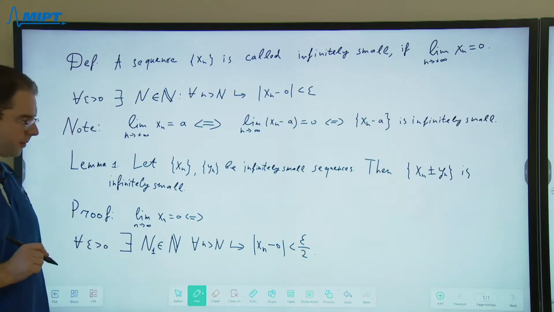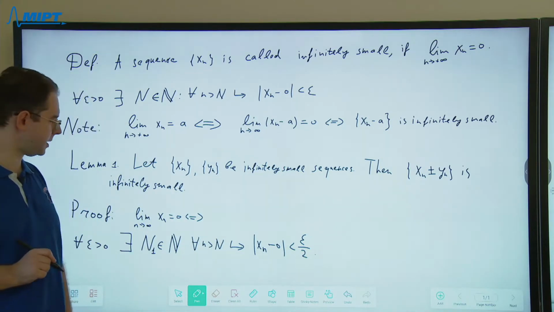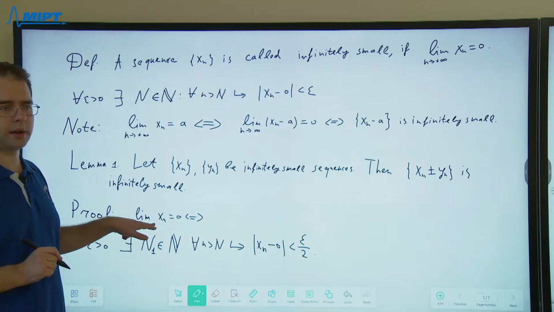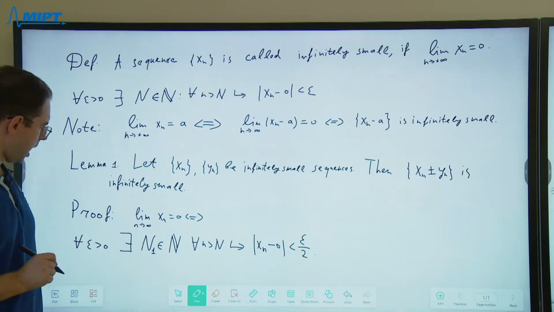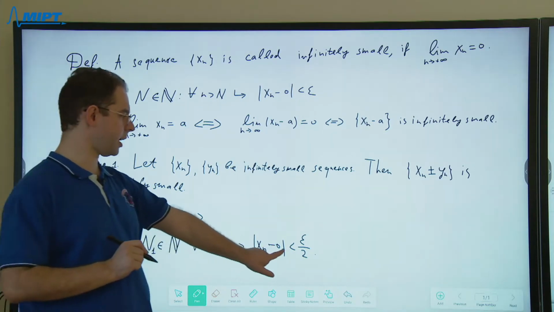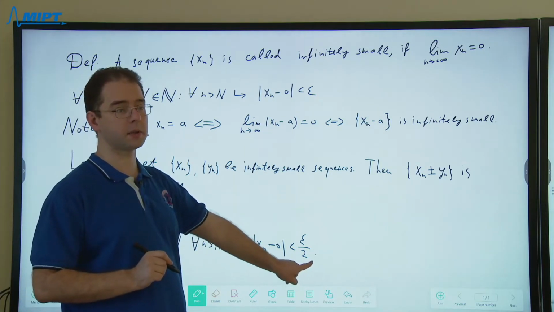Look, I have written here the definition of the limit of this sequence, except this little bit at the end. I have written here epsilon divided by 2 instead of epsilon.